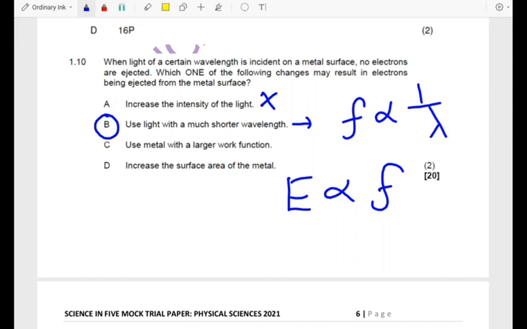Using light with much shorter wavelength would increase the energy of the radiation, because the energy is directly proportional to the frequency, whilst the frequency is inversely proportional to the wavelength. Or we can also say the energy of the radiation is inversely proportional to the wavelength. Decreasing the wavelength increases the energy of the radiation.